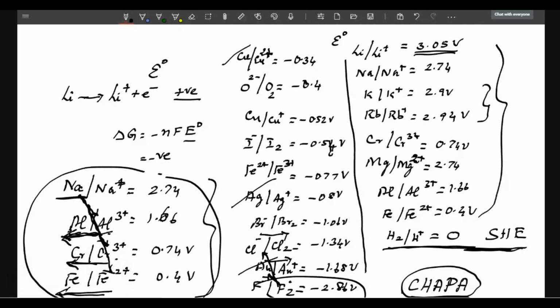Now I have given 3 metal electrodes which are placed below hydrogen. And what is the electrode potential of mercury? If you understand the mnemonic CHAPA, you can place the mercury in between.